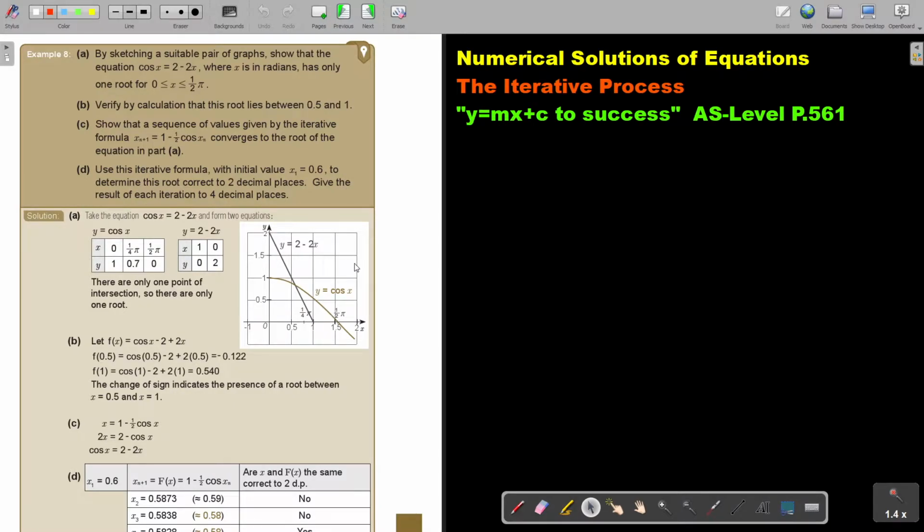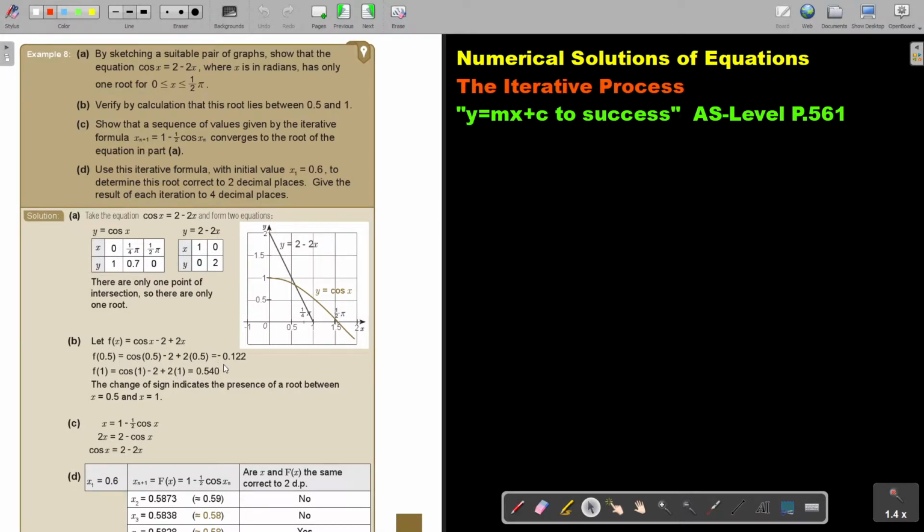Now, let's go on. If you look at this one, I say verify by calculation that this root lies between 0.5 and 1. So I basically take this, remember this is now equal to each other, and I bring this one over. I'm putting everything to one side and I create this combined equation.